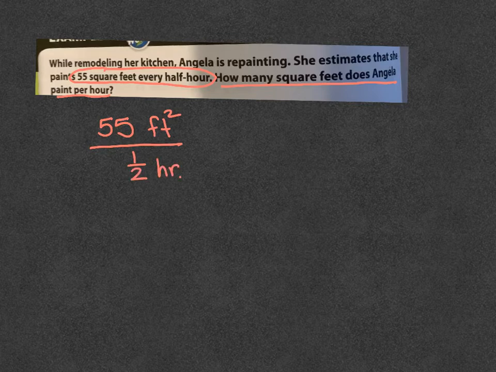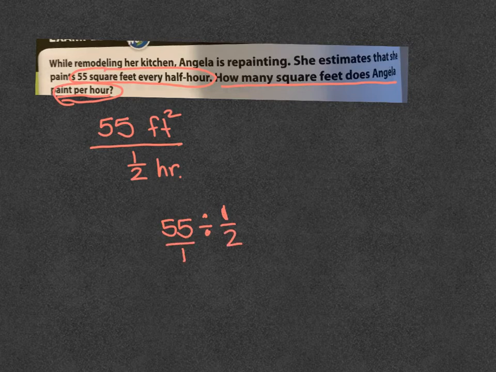They want my unit rate. How much does she do per hour? So I can go ahead and divide this, 55 divided by 1/2, or for those of you who say, well, that's half hour, to make it 1 hour, I would double it. Okay, either one's going to work. Double both or do division. So I'm going to go 55 divided by 1/2. Make that a fraction.